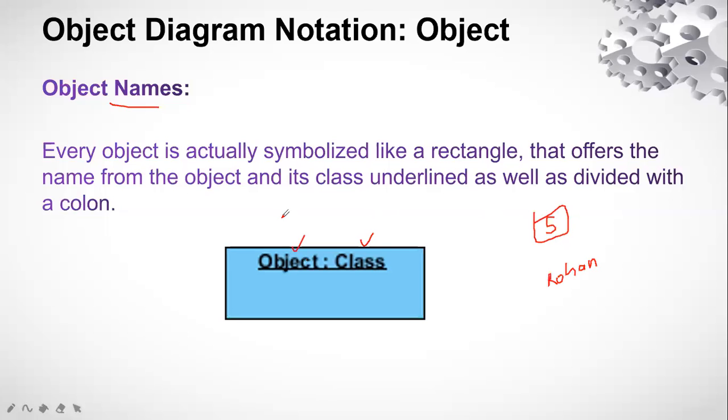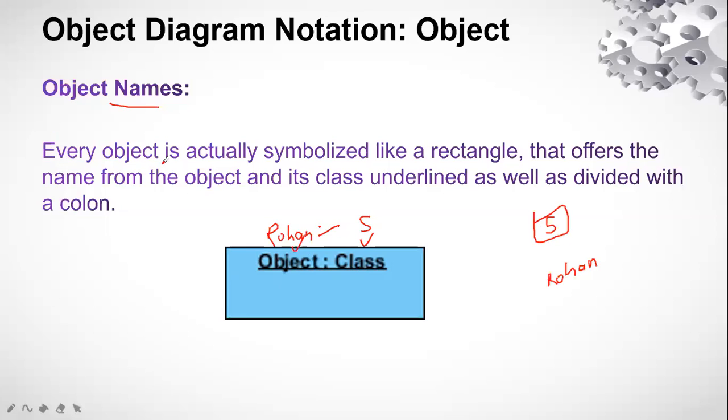I'm going to write it as Rohan, colon, student, that is the class name. So Rohan is the object name, colon, which class? Thus, Rohan belongs to the student class. So Rohan colon student is how we are going to define the name of the object.